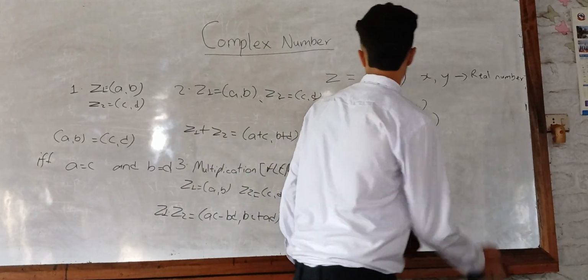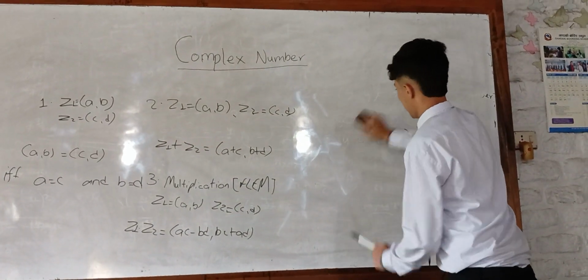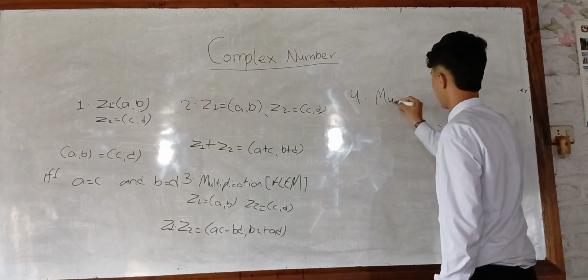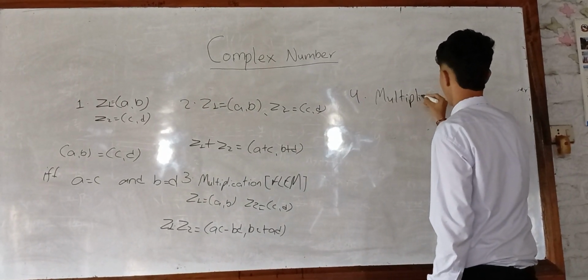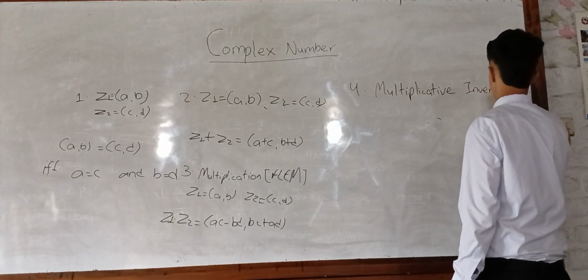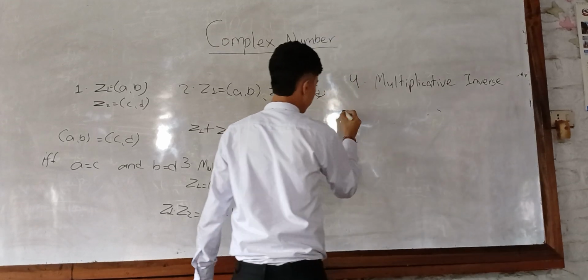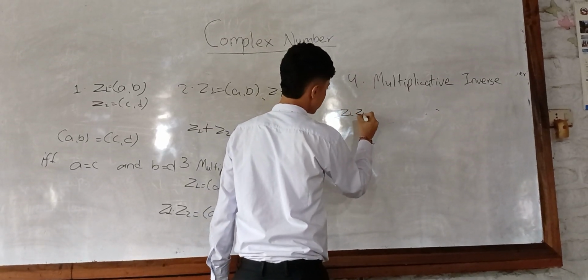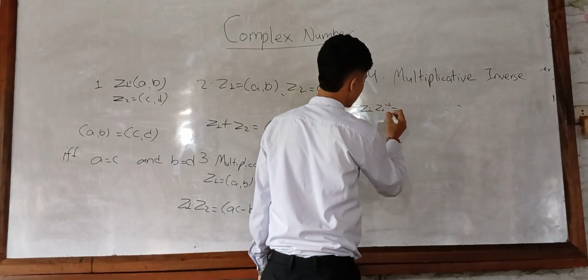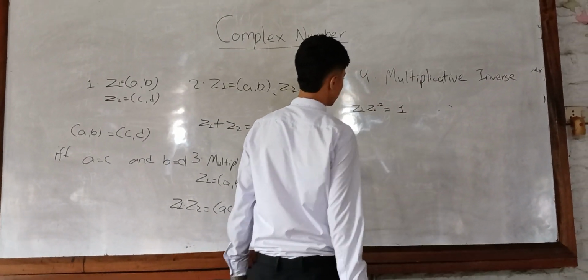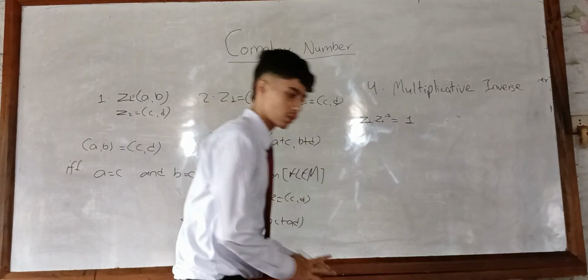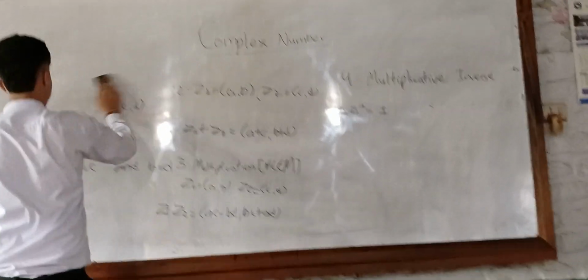And then let me go to the next one, that is the multiplicative inverse. If you multiply z1 with its inverse, then the product will be 1. This is the one, and now let me go to the conjugate of a complex number.